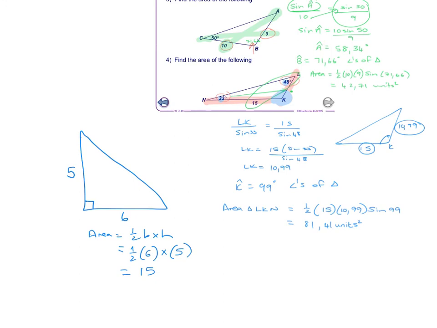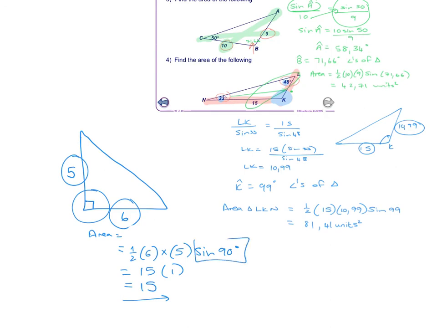Now, if we were to take side, included angle, and instead of half base times height, use it as half of side 1 times side 2 times sine of your included angle, sine of 90 is a special angle equal to 1. So you've actually always been using this, but you've always used a right angle. You've always used 90 degrees, and sine of 90 from this area rule is always 1. So you've just left it off. So it's the same process, except your half base times height doesn't need the sine part because it's always going to be sine 90 in a right angle situation.